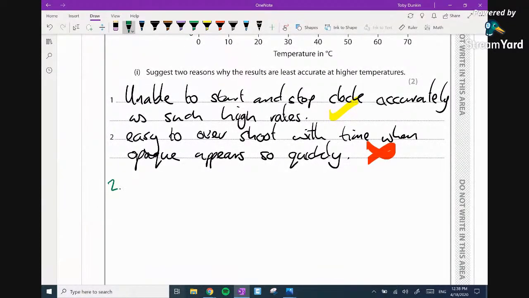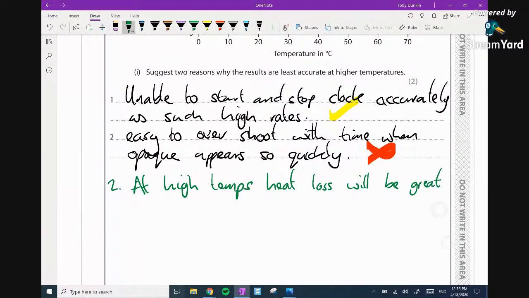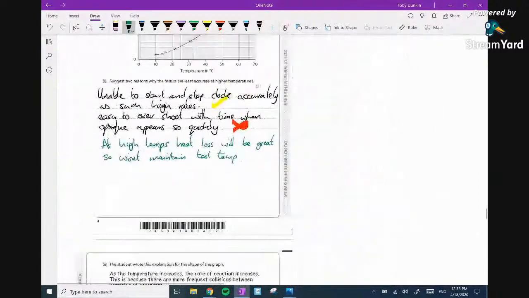So number 2 should have been: at high temps, heat loss will be great, so won't maintain test temperature. It'll cool down. That makes total sense. What a great question.